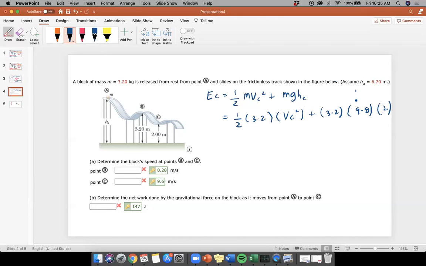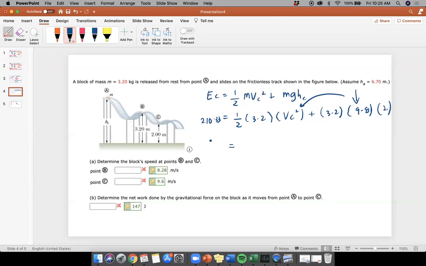So the mgh has further decreased because the velocity increases. We don't know, but possibly the VC is greater than VB because the energy from the mgh is further transferred to your KE.